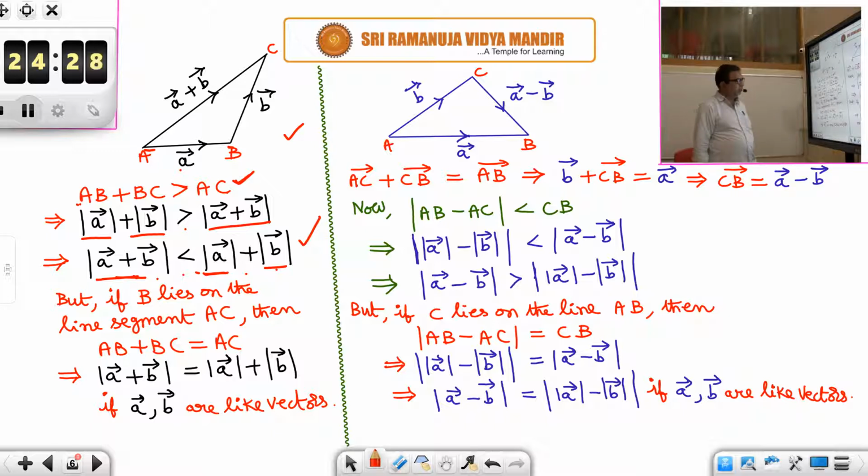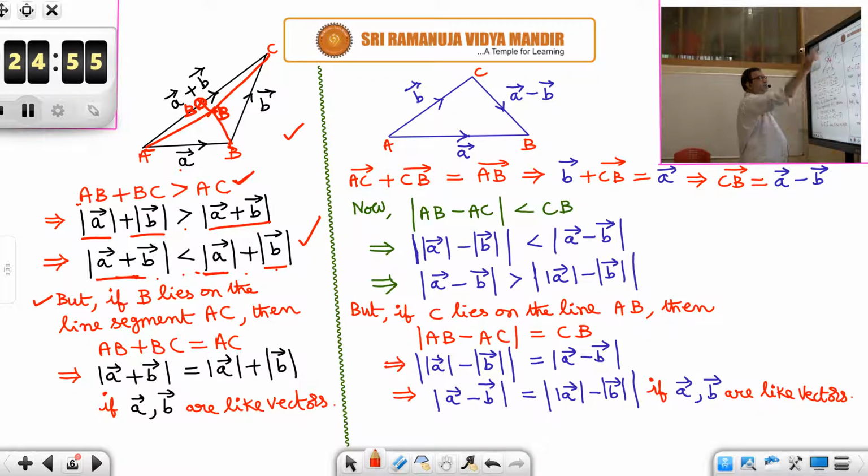So when will it be equal, let us see. If B lies on the line segment AC, suppose the diagram is not like this. B is going like this. B is not here, it is here. Then the diagram will change, AB plus BC like this. Do you understand? B is very close here. Finally B is on the line AC only.